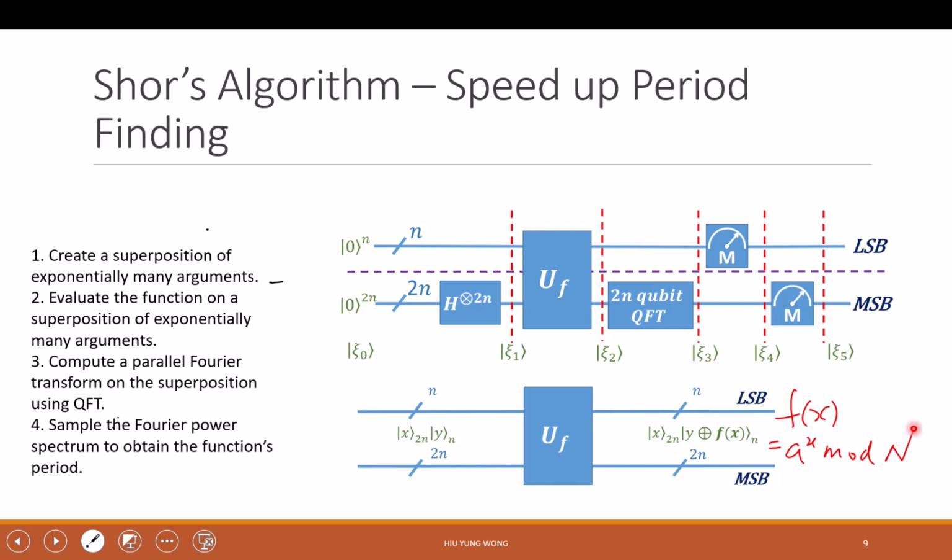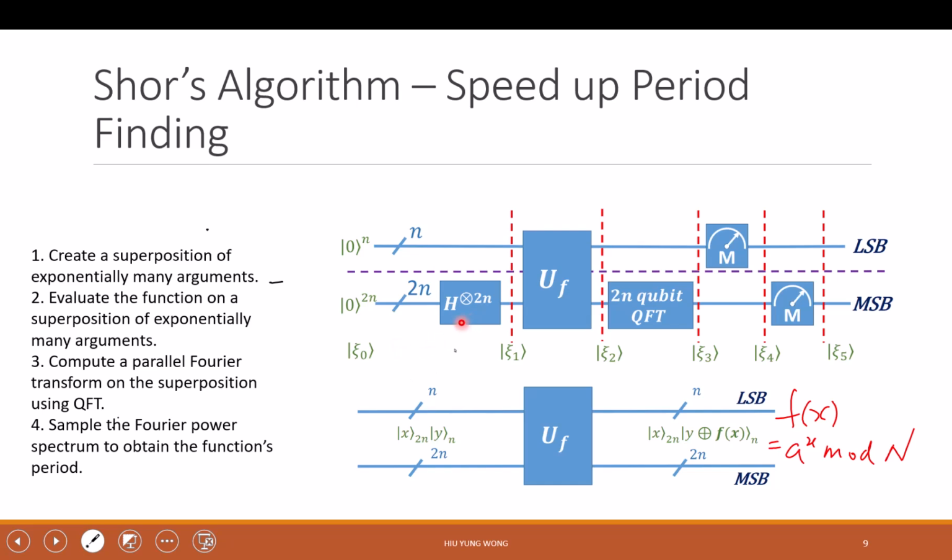That's the first thing. So second thing, let's look at what it's doing. You have Hadamard gate to the power 2n, right? It means tensor product of 2n qubits. What is the reason of having Hadamard gate again usually? Create a superposition, exactly.